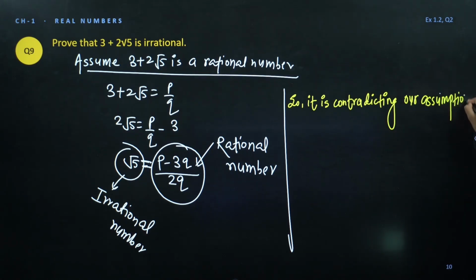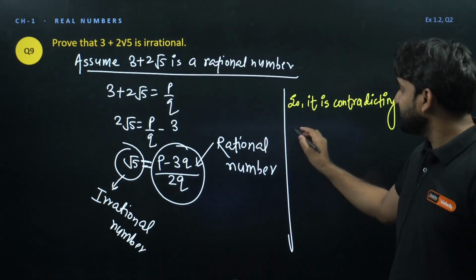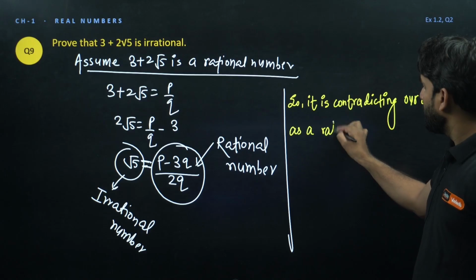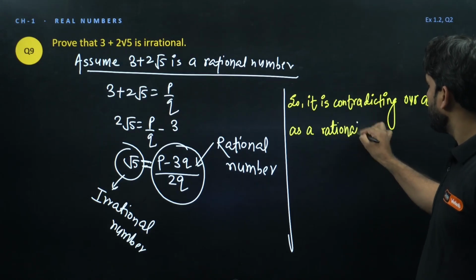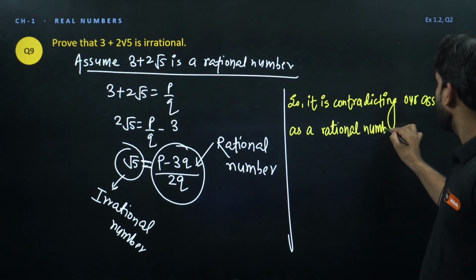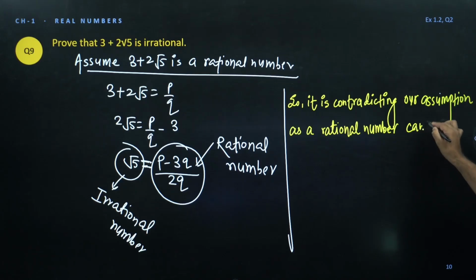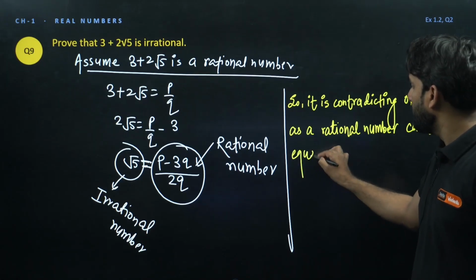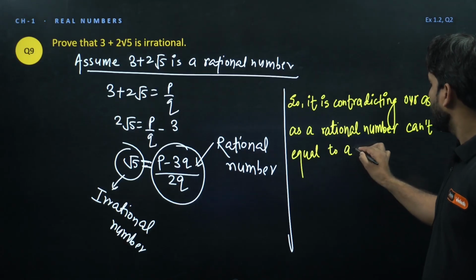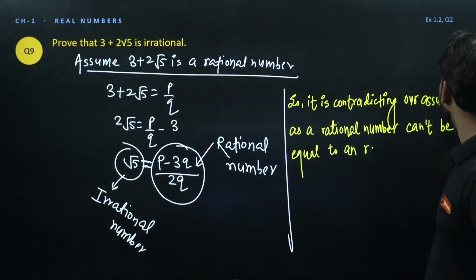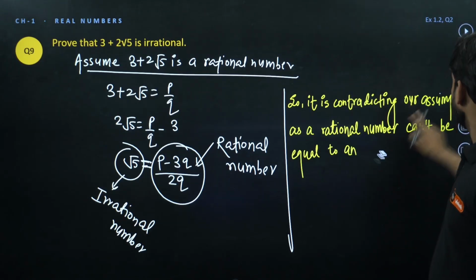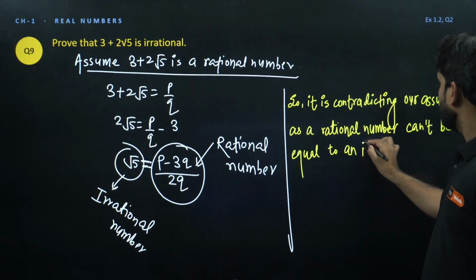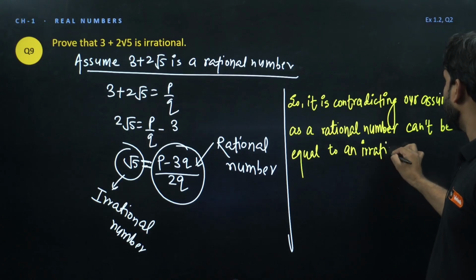It is contradicting our assumption as a rational number. A rational number can't be equal to an irrational number.